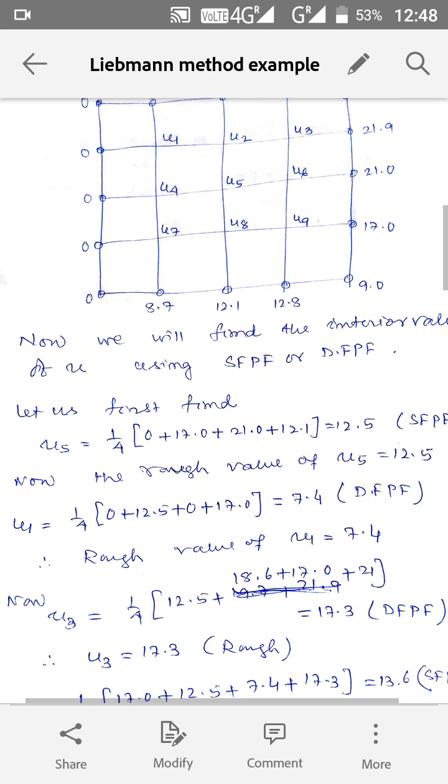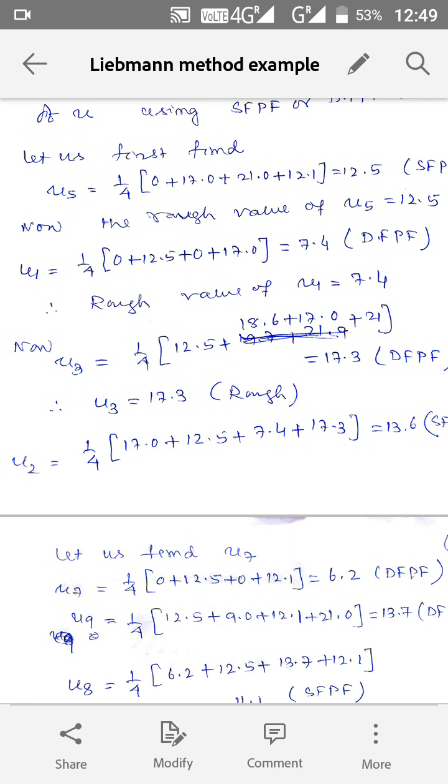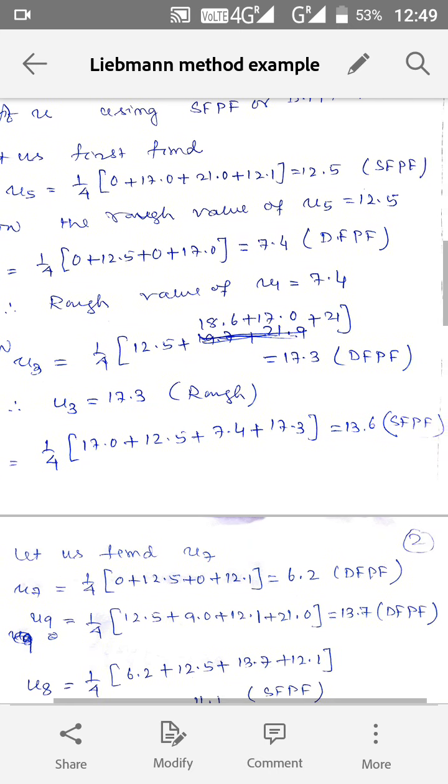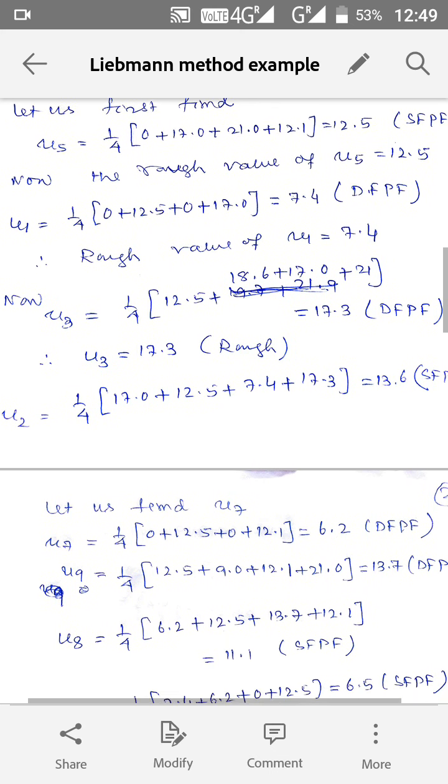You know u5 from the figure, and u1 and u3 are also calculated, and just one step upward of u2 you have the known value, so you can use the standard 5-point formula to calculate u2. That u2 will be 1/4 (17.0 + 12.5 + 7.4 + 13.17.3), and the average will be nothing but 13.6, and that we are getting by using the standard 5-point formula.